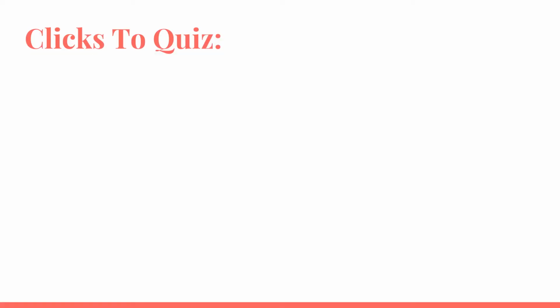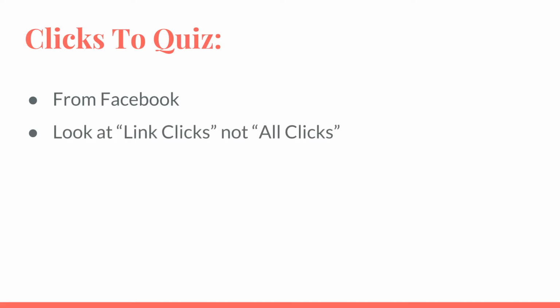Next, clicks to the quiz. Now, this is a number that you can get from Facebook. When you get this number from Facebook, though, you need to be careful to make sure that you're getting link clicks and not all clicks. So if you look at your Facebook ads manager, you're going to notice that there's a variety of different columns that you can choose from, and you can get those numbers for any given time period. A lot of times you're going to see clicks or all clicks. What that means is anyone that clicks on your ad.